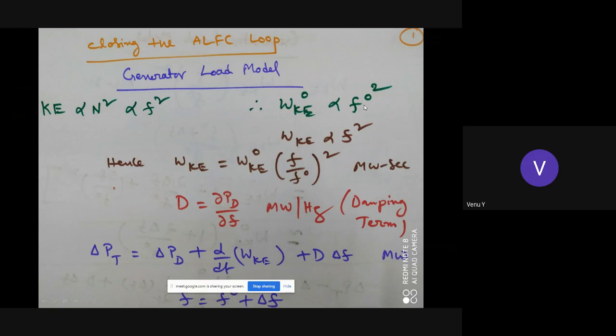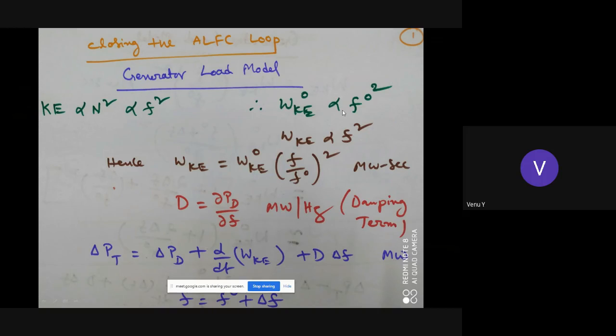F naught is the rated frequency or nominal frequency. Kinetic energy Wke is proportional to f square. This is Wke naught proportional to f naught square.